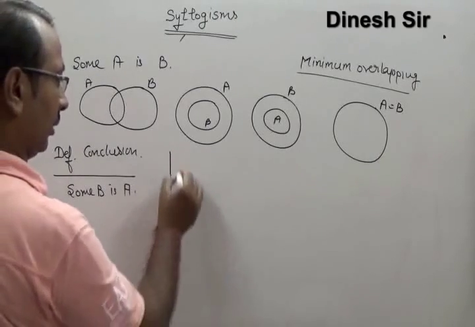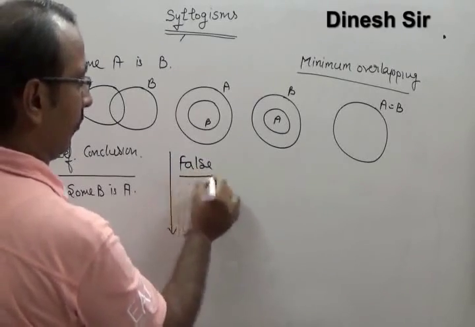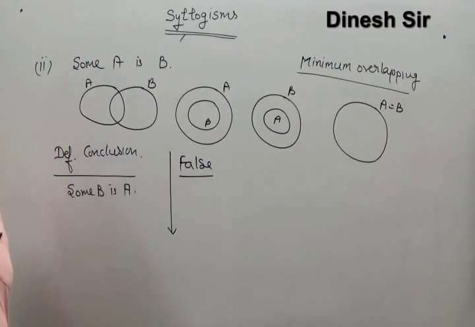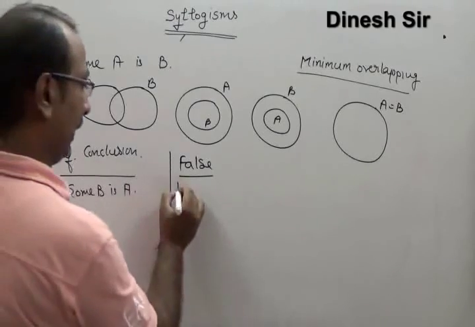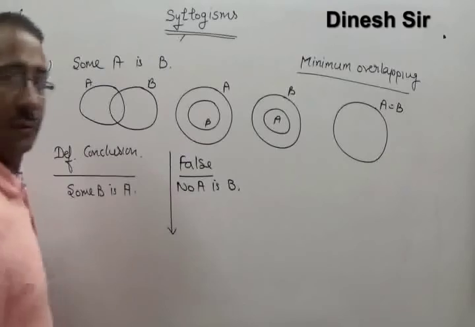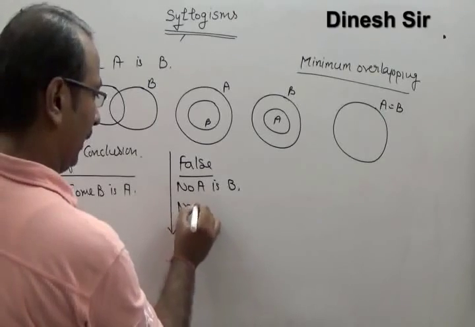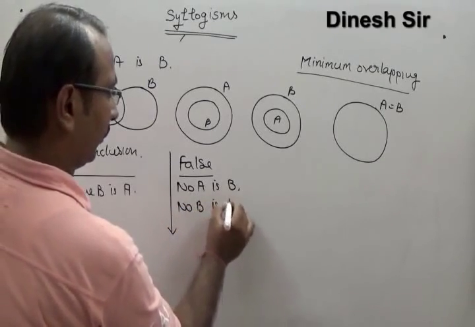Now the conclusions that are always false: no A is B. That is definitely false, because if I say some A is B, that is definitely false. Similarly, no B is A. That is also definitely false.